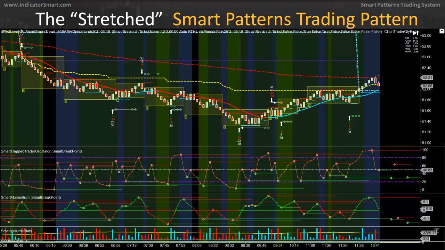This is a chart of the stretch smart patterns trading pattern that I have marked on the chart, and you'll see the bars that I have on here are called the smart Renko bars that I described earlier. These bars have two different bars on them. One is a little bit longer.